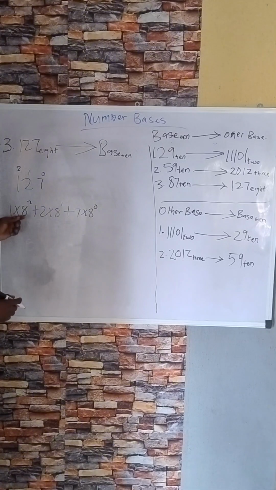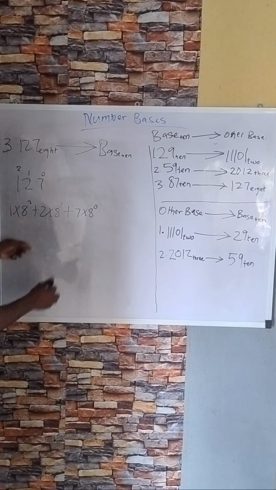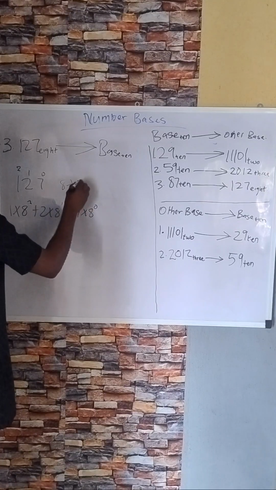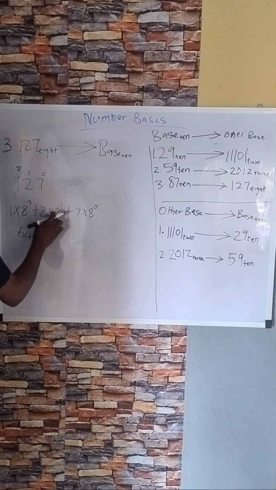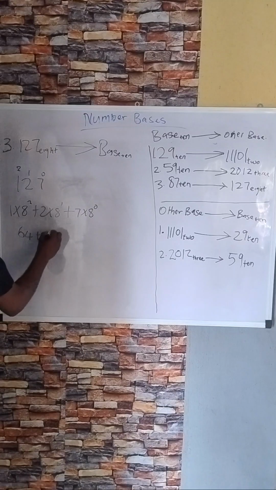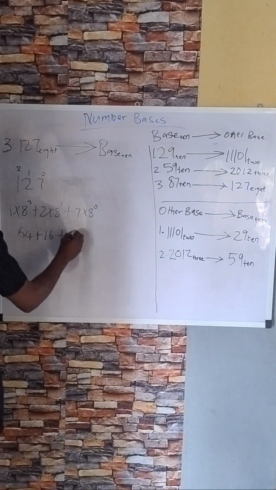So 8 times 8 is 64. 1 times 64 is 64. 2 times 8 is 16. Plus 7 times 1 is 7.